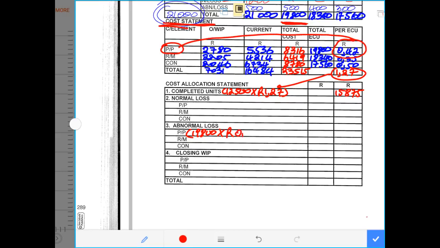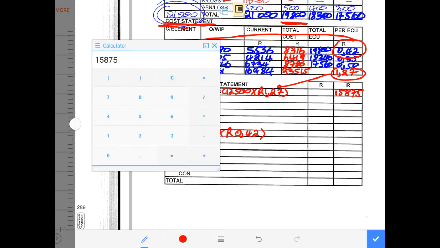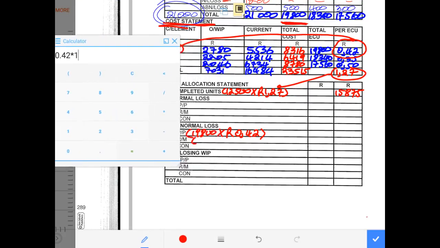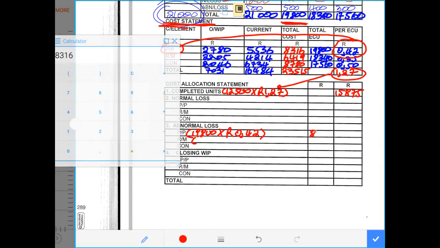So you multiply this by 42 cents. Always, nothing changes, guys, when it comes to this. In fact, everything remains the same. Then we say 0.42 times 19,800, it will give us 8,316.